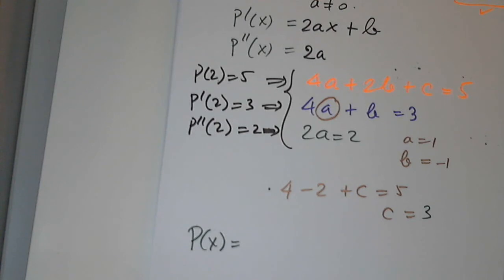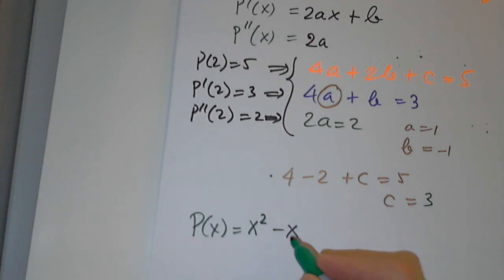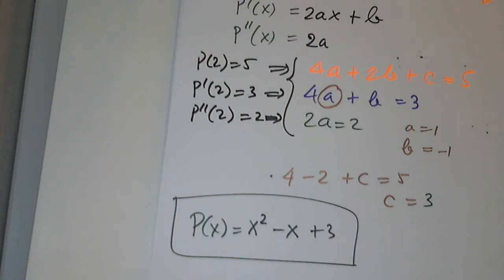There's no other polynomial that fulfills the given conditions. Good. I'm ready. Yes? x squared minus x plus 1. That's it. This is the only polynomial that fulfills the given conditions.